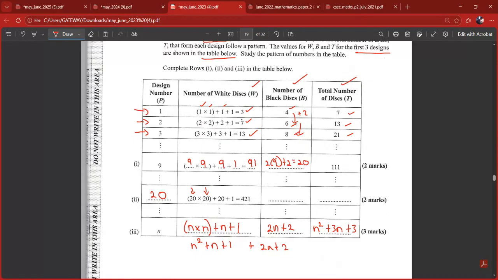The number of black disks will be 2 times 20 plus 2, which is 40 plus 2, which is 42. To get the total number of disks, you add the 421 plus the 42, and you should get 463. And that is basically how you fill out this table for 7 marks.